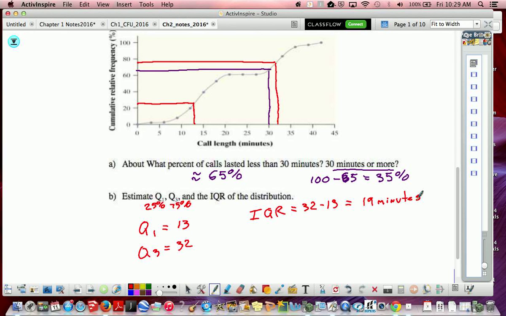So I could say something to the extent of the middle 50% of calls have a range of 19 minutes.